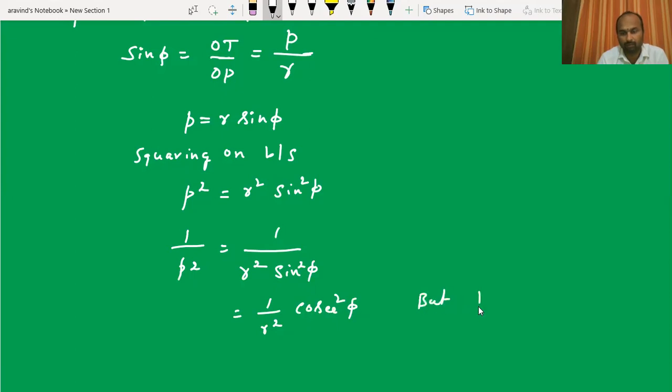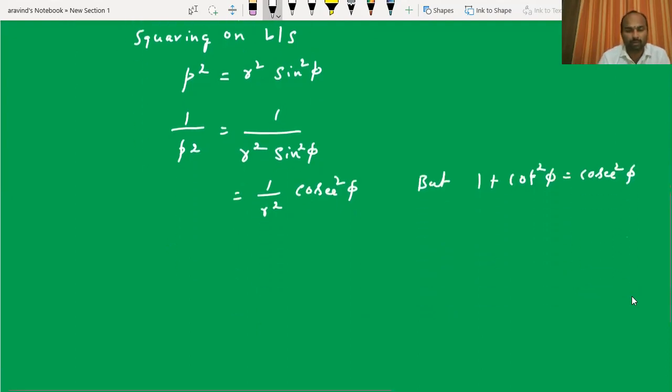But we know that 1 plus cot square phi is cosecant square phi. So this will be written as 1 by r square into 1 plus cot square phi. Instead of cosecant square, I will write cot square.